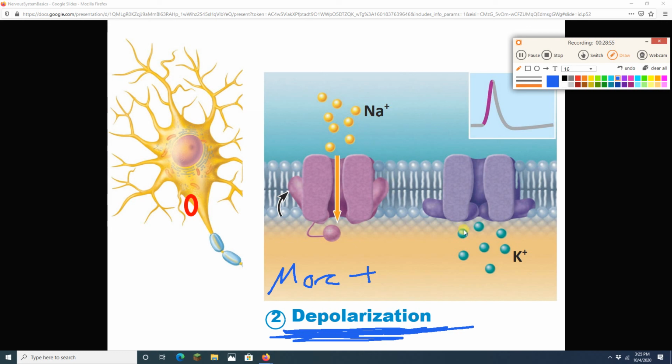All right. What do you think happens next to my sodium channel? Can you guess? Yeah, you got it. The sodium channel is going to close, but it closes in kind of a weird way. What you see is the ball and chain right here. Check out where it is in my next slide.